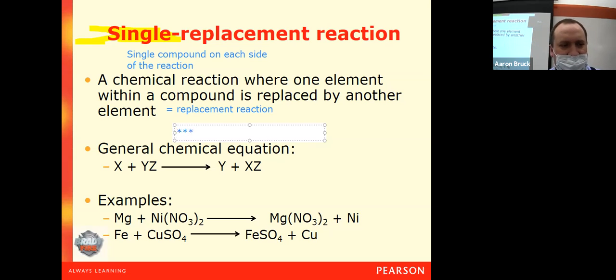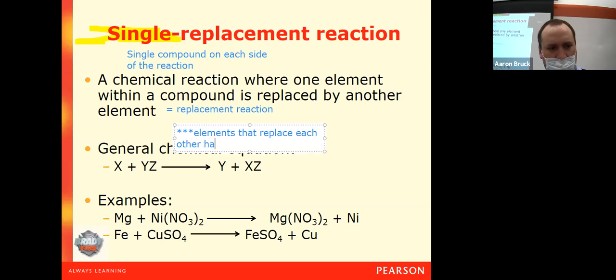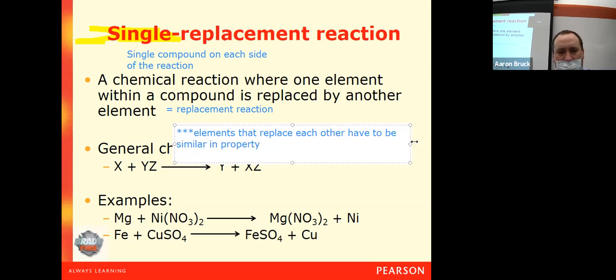Now, the thing that is interesting and worth noting here, the elements that replace each other have to be similar in property.